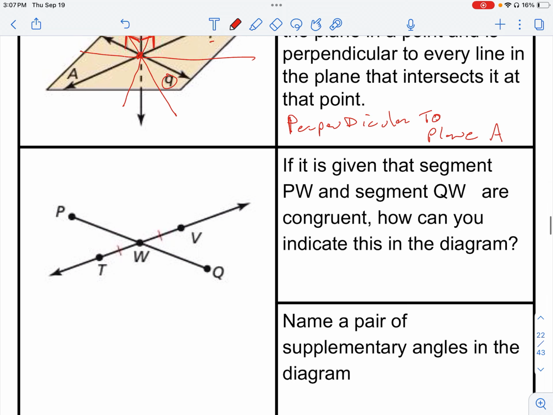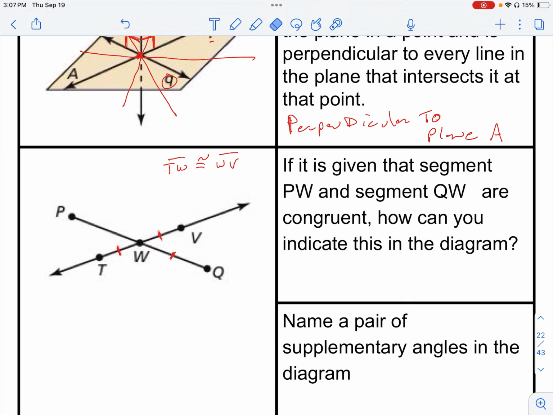All right. If it is given that segment PW and segment QW are congruent, how can we indicate this in the diagram? Well, here we got tick marks showing that TW is congruent to WV. So if I put one tick mark in there, that means that TW is congruent to PW, and that's not the information we were given.